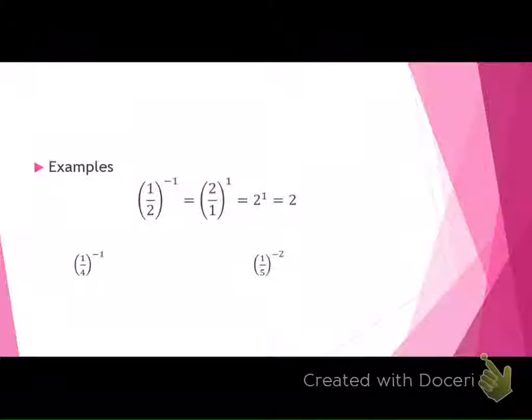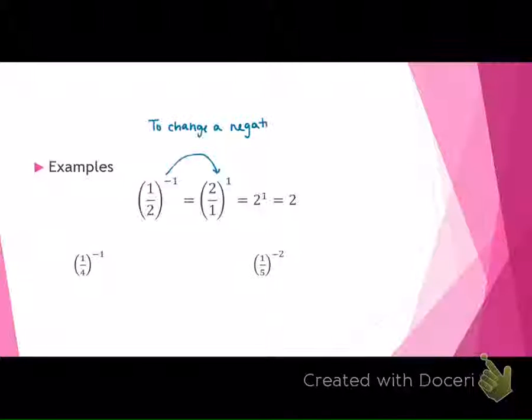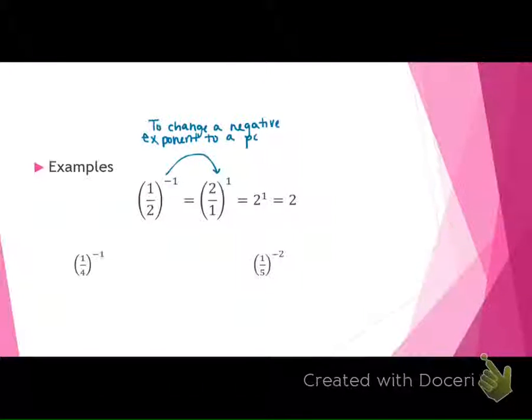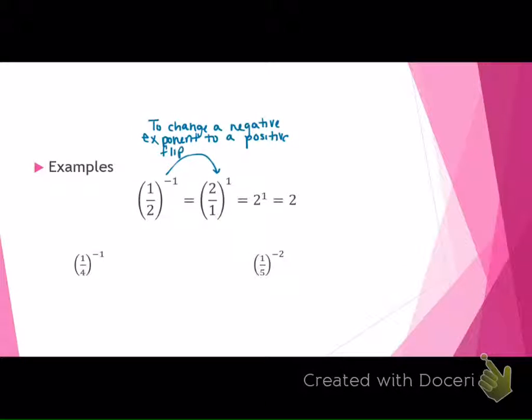All right, so what if it's a fraction to start? If it's a fraction to start, again, to change a negative exponent to a positive exponent, flip the base, which is a reciprocal.